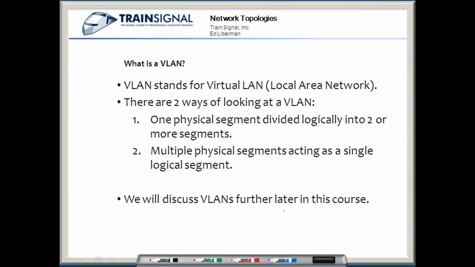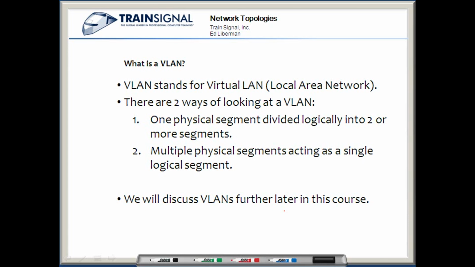So the last thing we have here is the VLAN. VLAN stands for Virtual LAN, or Virtual Local Area Network, if you want to spell it all the way out. Now, there are two ways of looking at a VLAN, and this is something that actually makes it kind of confusing. One way of looking at it is you might have one physical segment, so one physical chunk of computers, meaning they're all connected on one cable through one device.